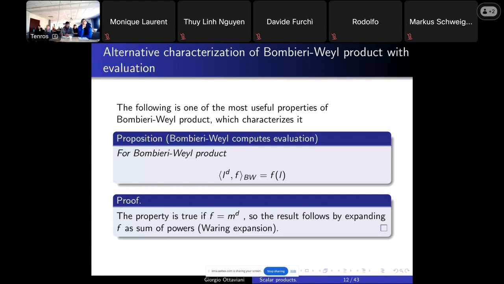Because also F is a sum of powers, you can try first to take also F of rank 1. And so it is just the differentiation of L to the power d with M to the power d. And this is by Leibniz rule.